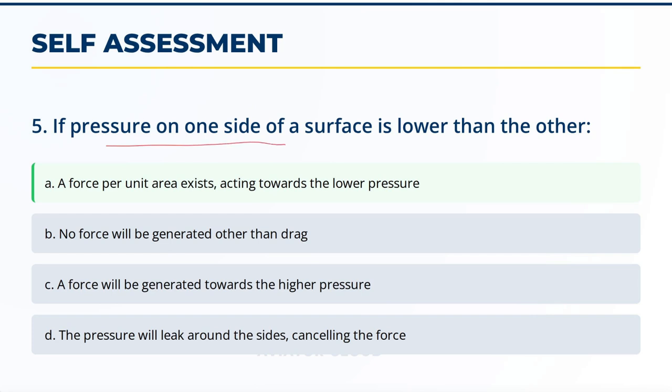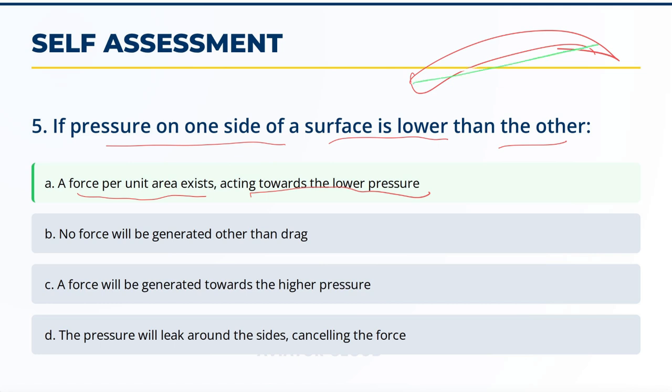If the pressure on one side of a surface is lower than the other, a force per unit area exists acting towards the lower pressure. Now this is actually how lift is generated. Let me explain. This is your aerofoil. What is it saying? If the pressure on one side of a surface is lower, static pressure, okay? So upper surface static pressure is low, and the lower surface static pressure is high.